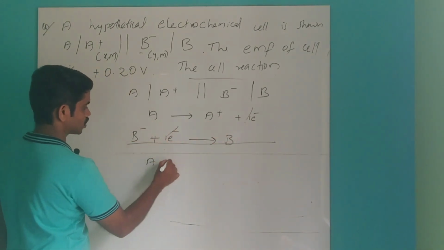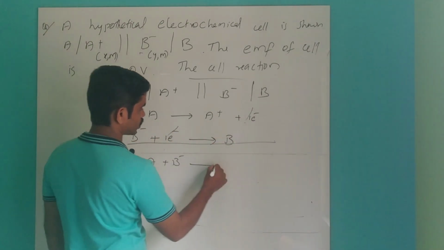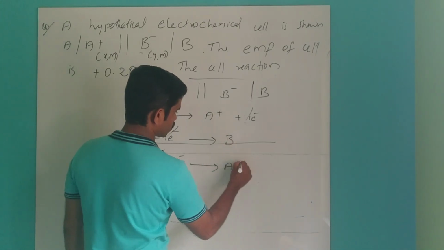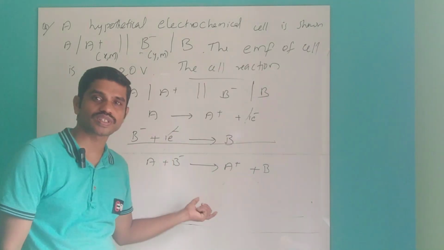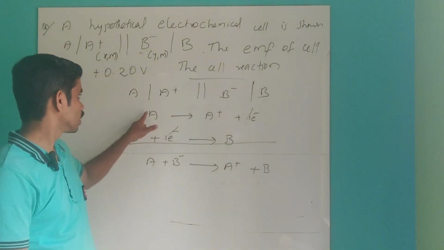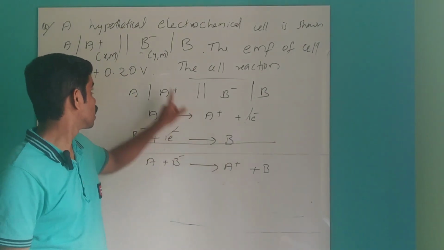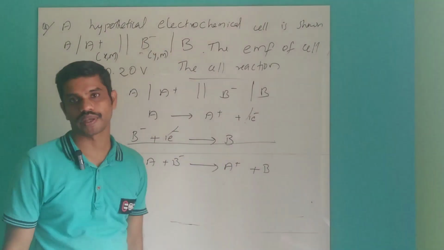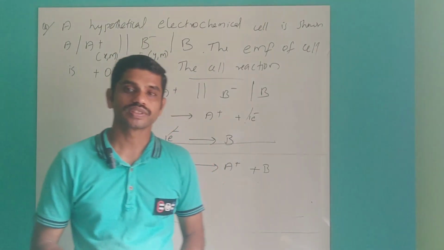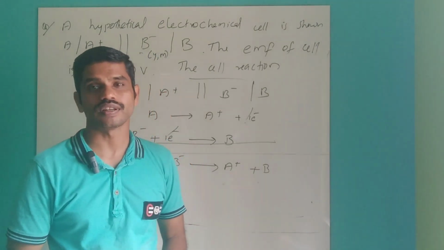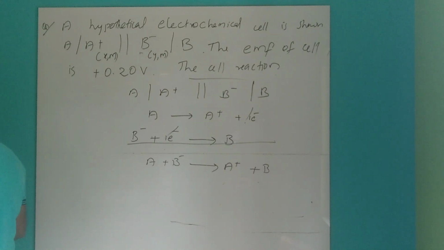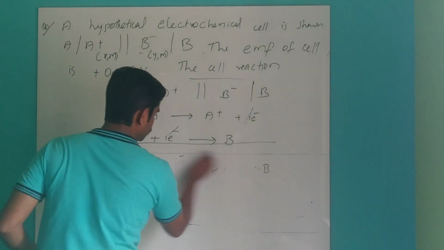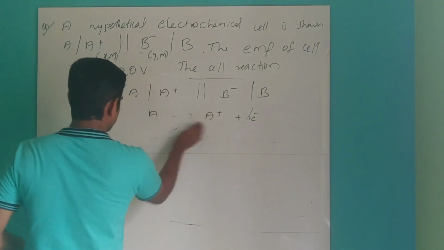So A + B− gives A+ + B. This is the correct way of representing the cell reaction when the cell is given. Next question. All are very easy questions only.